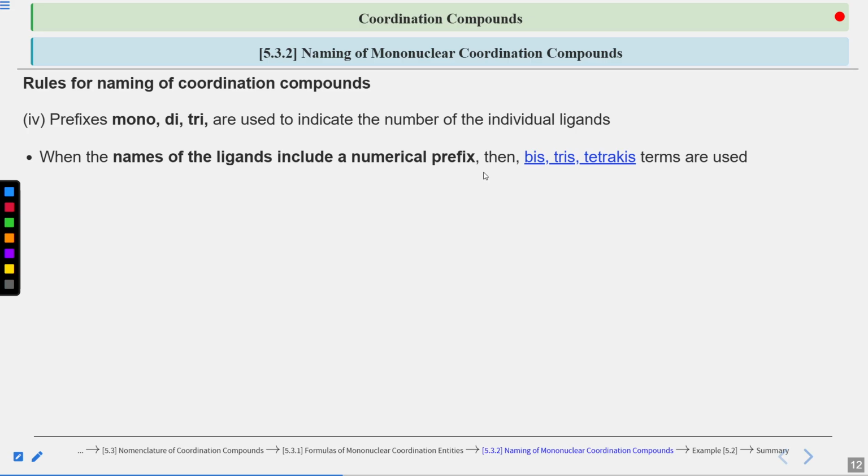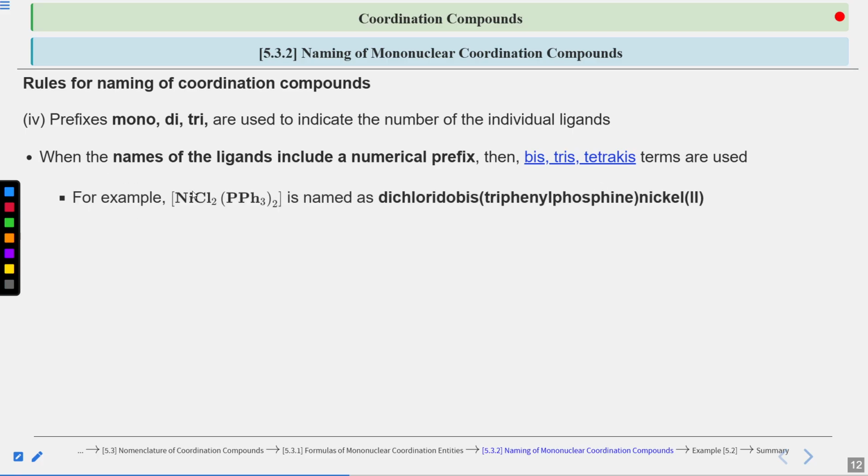In that case, how can you show that the number of that ligand is 2 or 3? When the names of ligands already include a numerical prefix like di or tri, then you have to use bis, tris, or tetrakis to indicate the number of those ligands. Bis for 2, tris for 3, and tetrakis for 4.